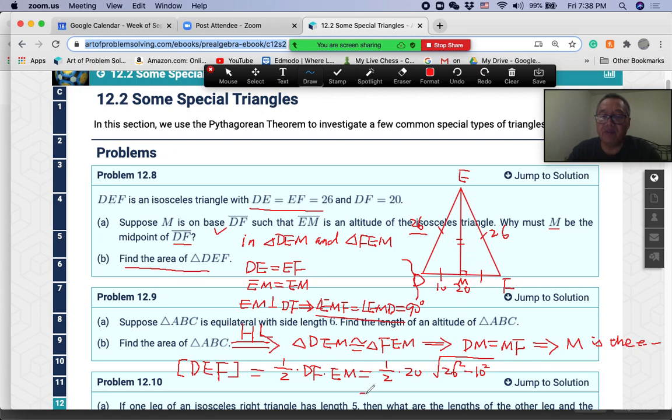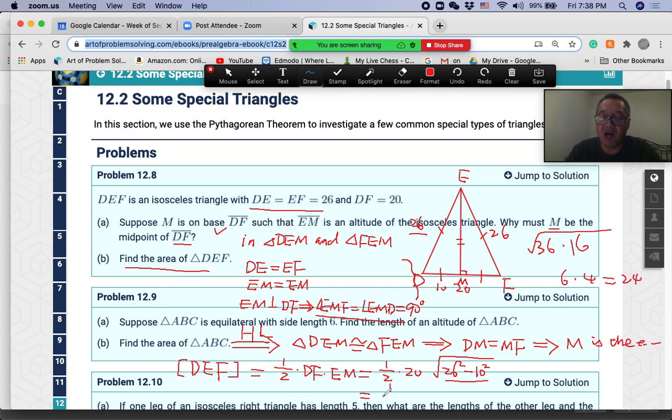Then you simplify this. You can write 26 plus 10 times 26 minus 10. Added together, you get 36, and subtracted, you get 16. So the square root gives you 6 times 4, that equals 24.